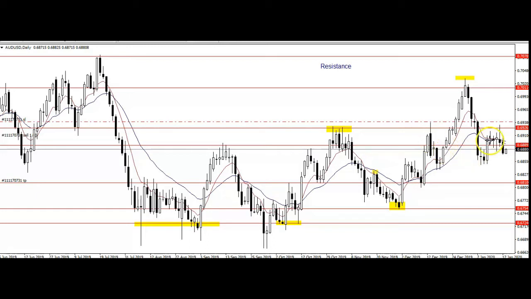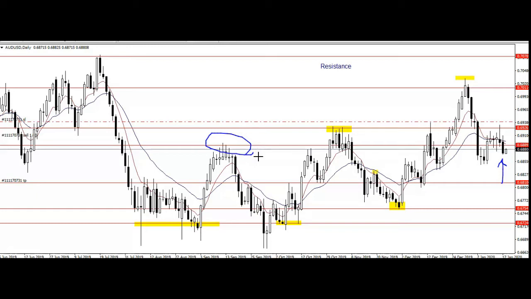Nevertheless, this beautiful looking reverse pin bar just here confirms that the bears are in control. We now have this very significant bearish candle that formed last Friday, which has closed below this resistance area here around the 68897.